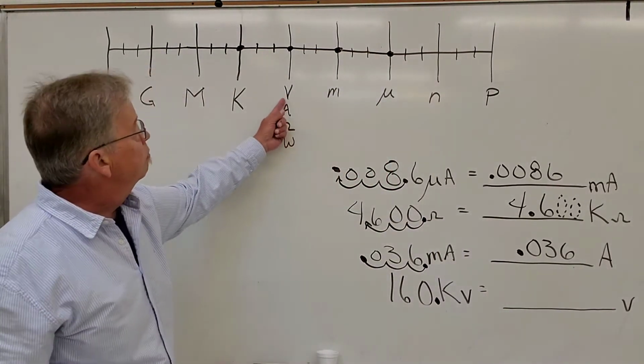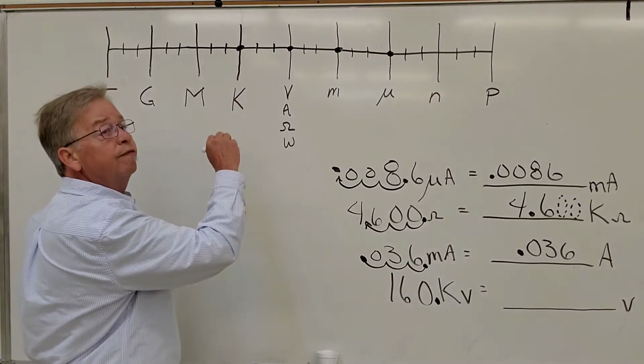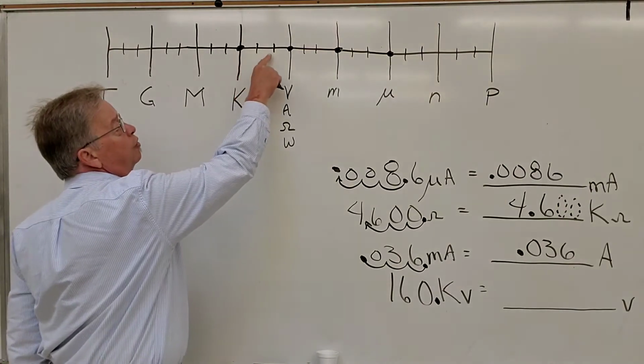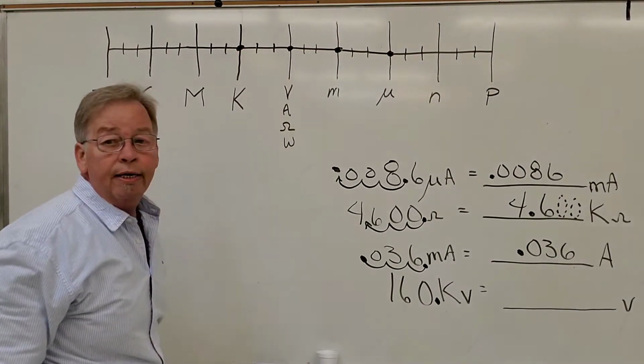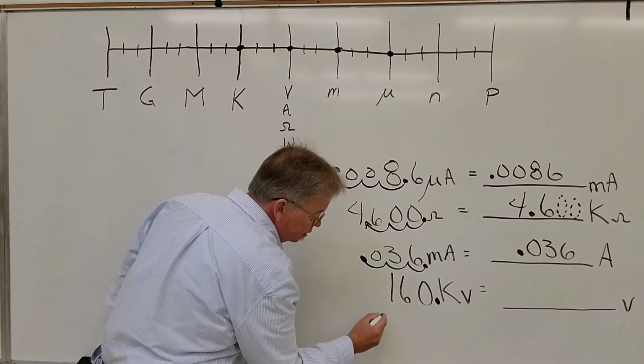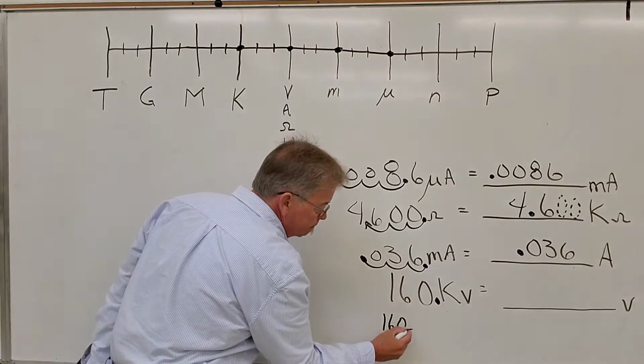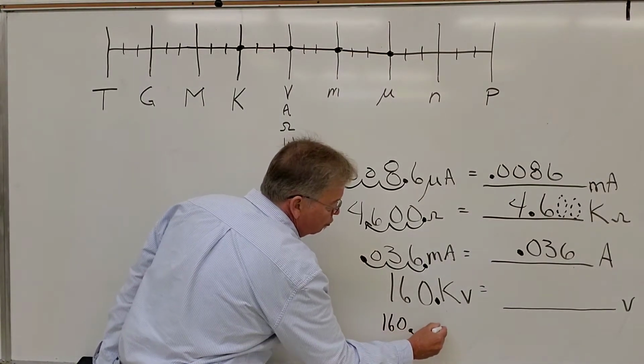From the K spot to the V spot, I go 1, 2, 3 places to the right. So now this 160, 3 places to the right, 1, 2, 3.